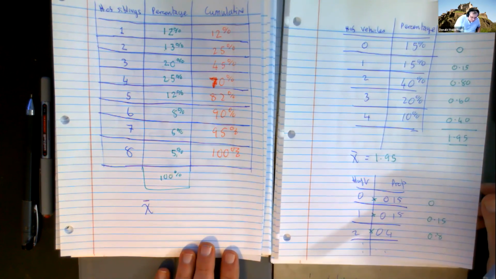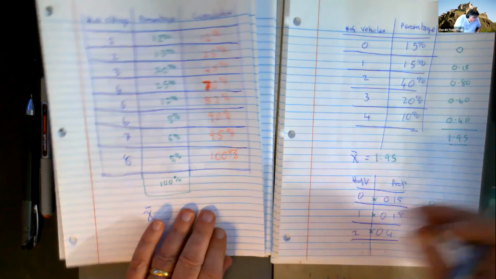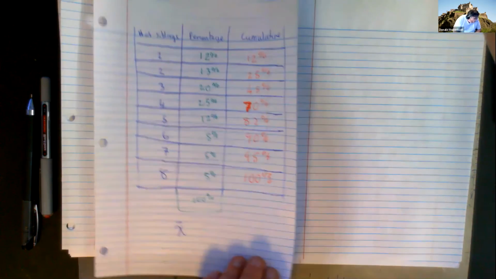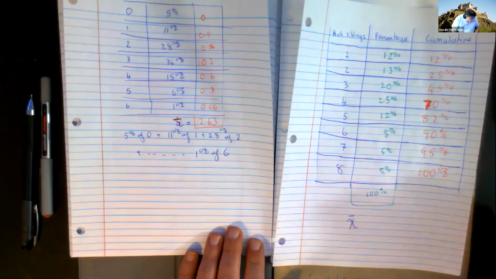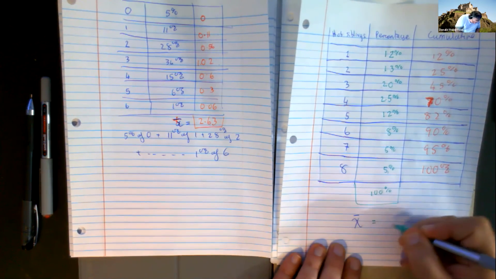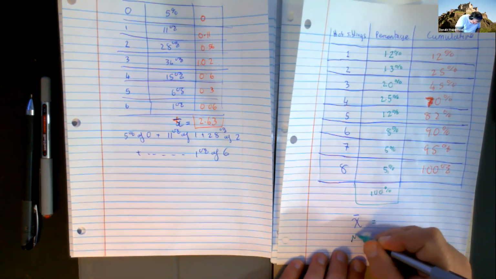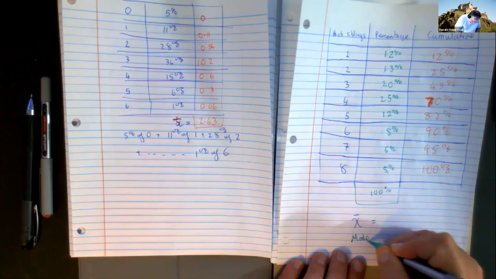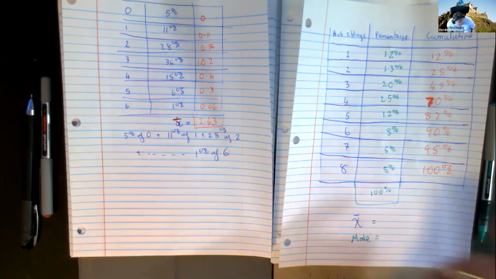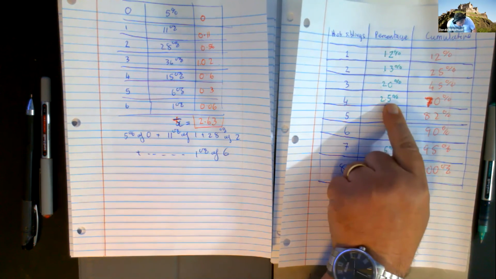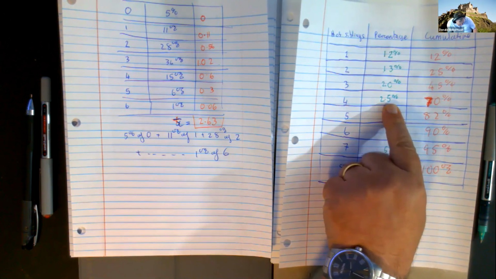Okay. So what I want to do now, if I can, is return back to this data. I don't know what the mean is, but let's find the mode. Now, the mode is the most popular answer. In this table, the most popular answer happened 25% of the time, and that answer was 4.